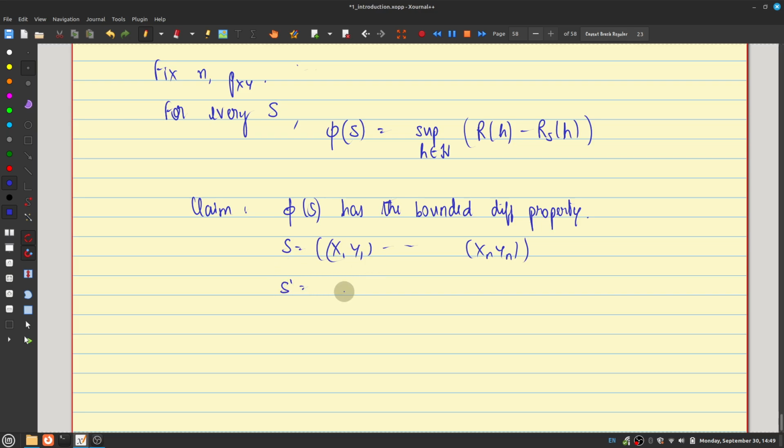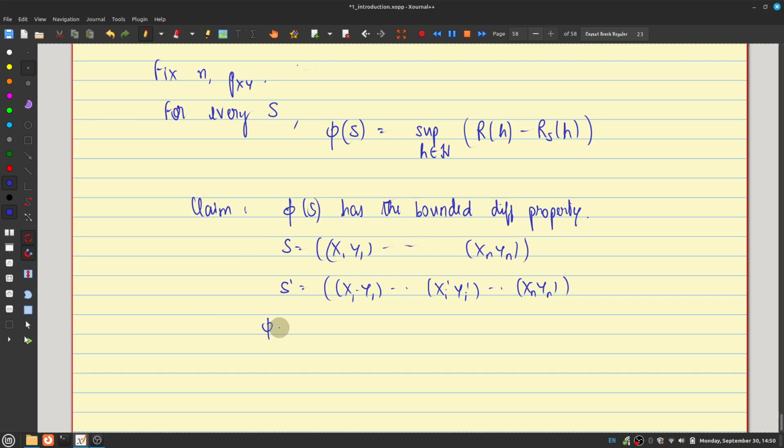And let's assume that S prime is obtained by only changing the ith random variable. So S is some configuration, and S prime is obtained by replacing xi yi with a new sample xi prime yi prime.